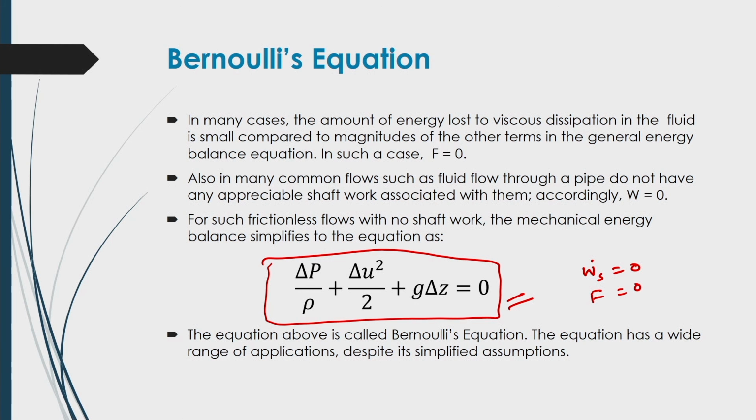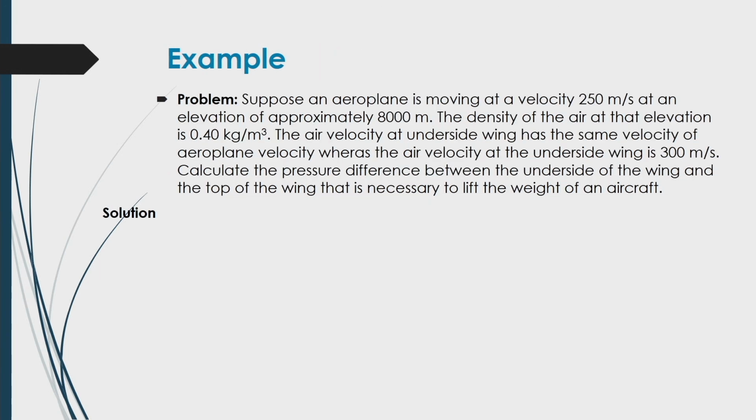So based on these principles, we can solve some problems of some process like this. Let us do an example here. Suppose an aeroplane is moving at a velocity of 250 meter per second at an elevation of approximately 8,000 meter.